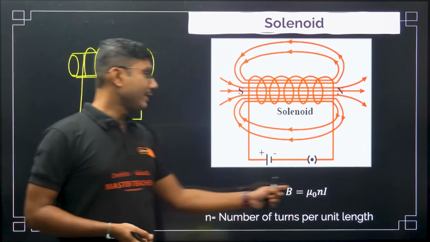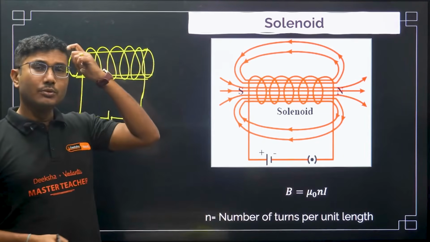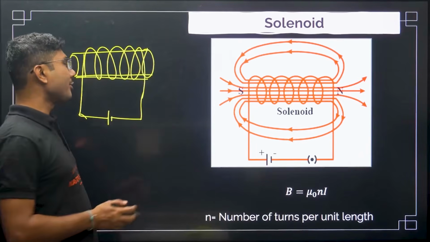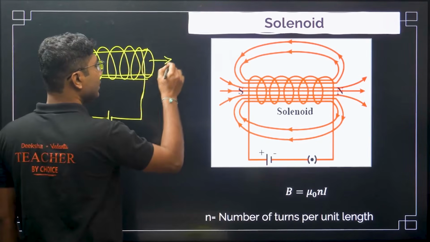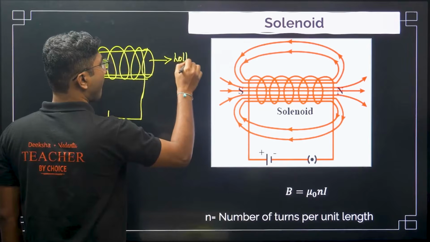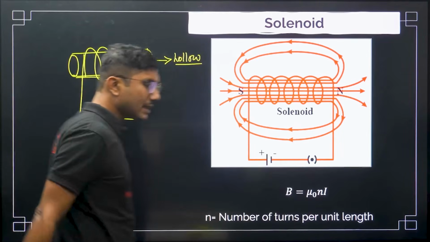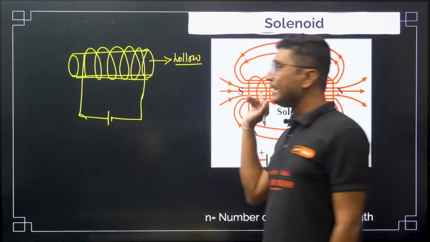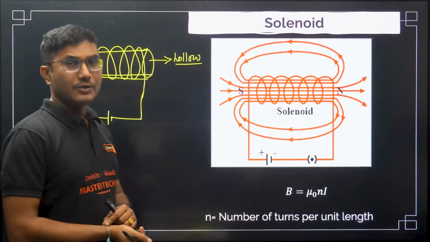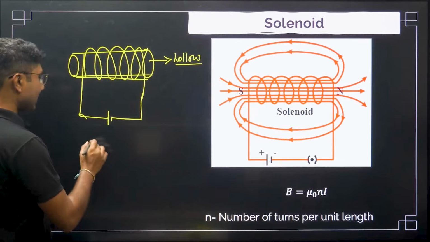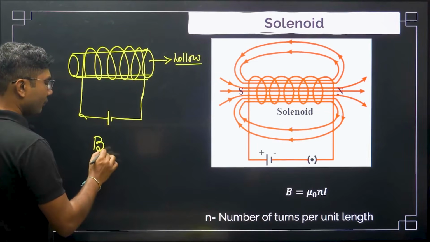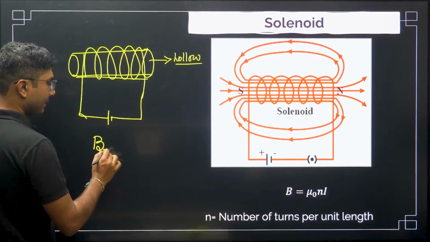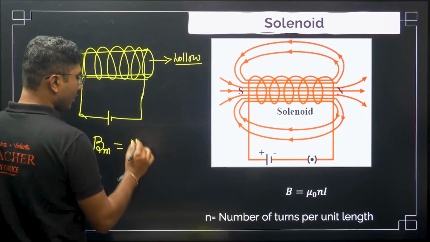The magnetic field expression is given by mu naught N I. Mu naught means the inside portion is hollow, meaning there is nothing inside, it is vacuum. But if you add any other material inside, then the B with that material, say Bm, will be mu N I, not mu naught.